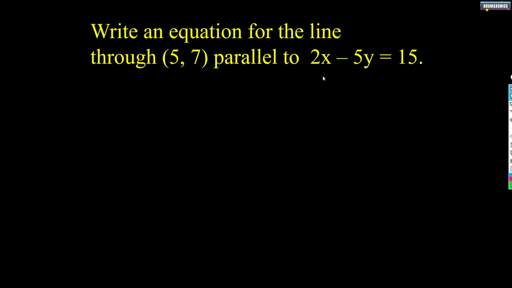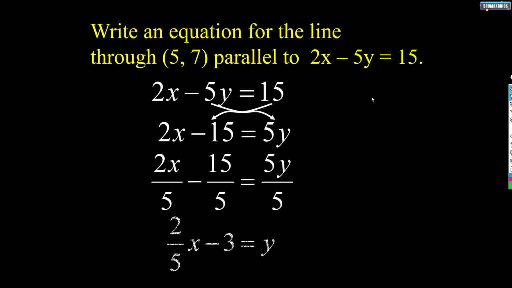Write an equation for the line through this particular point parallel to this one. Okay, cool. So when we say that this equation is actually parallel, remember the parallel lines. I think I've explained, I tried to elucidate how this works, and I hope that you do understand. Make sure that this one is in the correct form, and then you can go and take this slope.